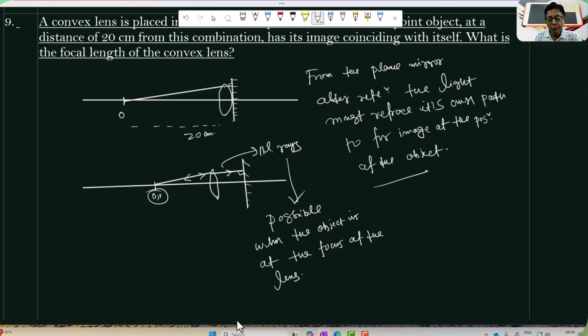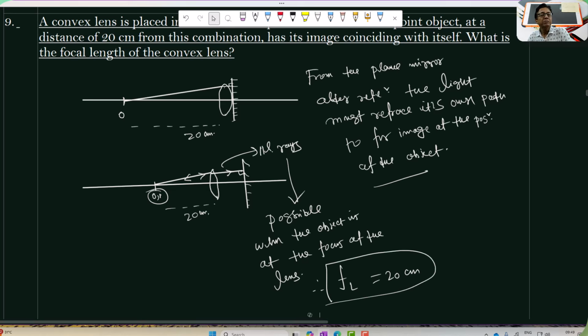Okay, so what will the focal length be? Because this is 20 centimeter, the focal length of the lens is also 20 centimeter. Alright?